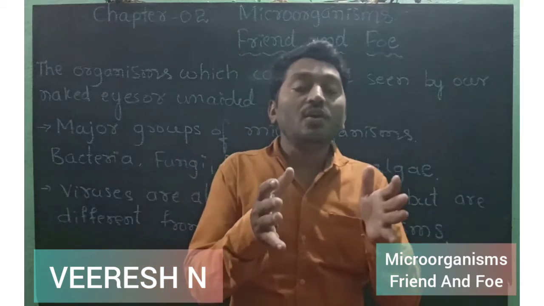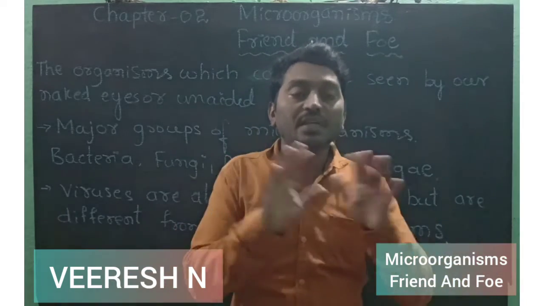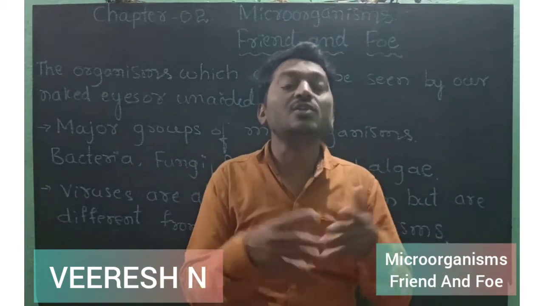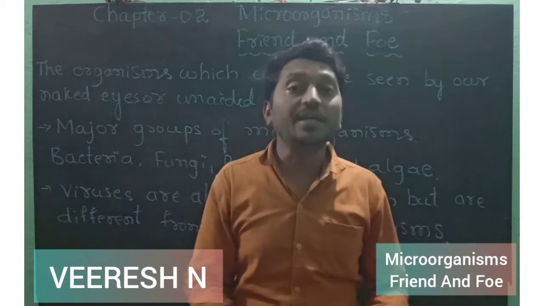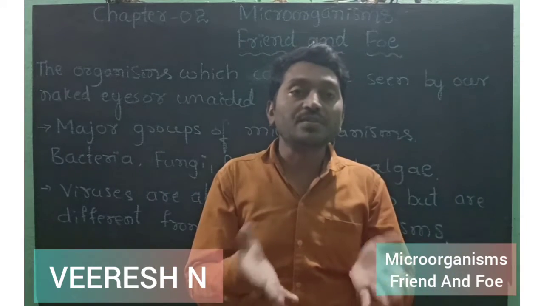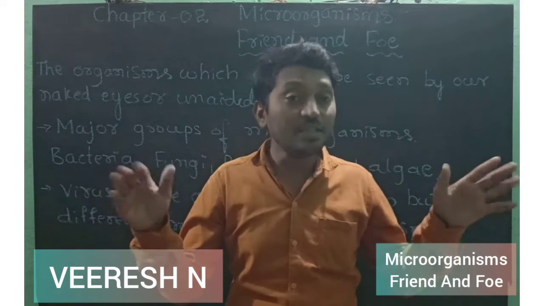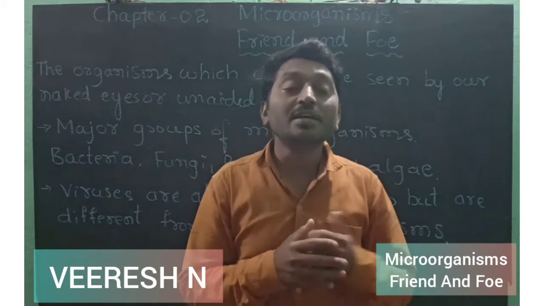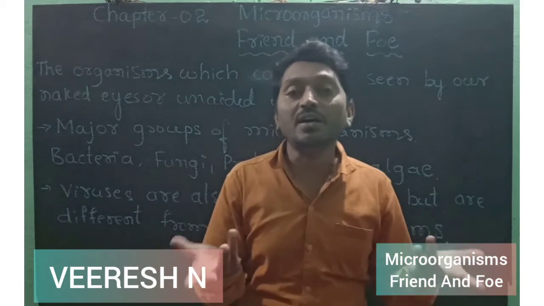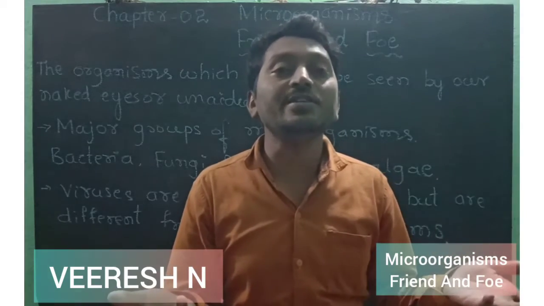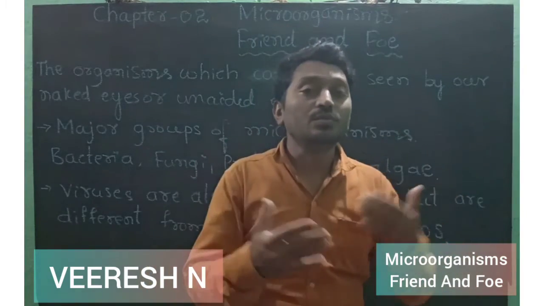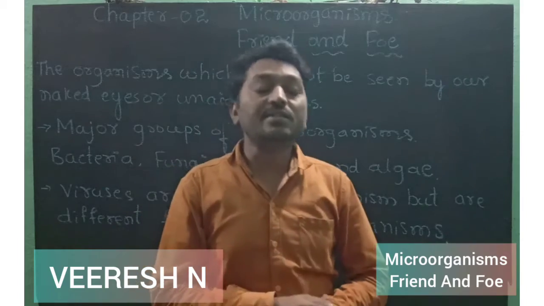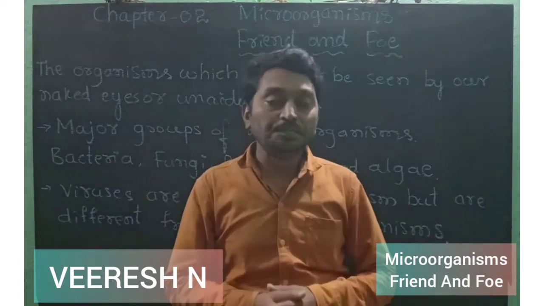There is a variety of different kinds of plants and animals in nature. Some are big in size, some are small in size, but some we cannot see with our naked eyes. So how do they exist in nature?